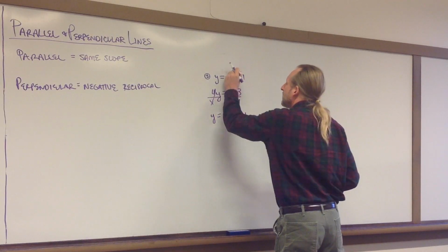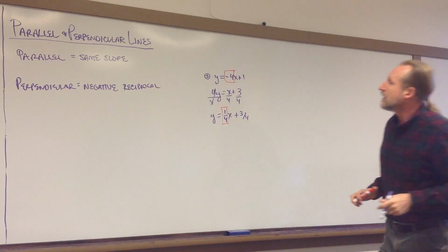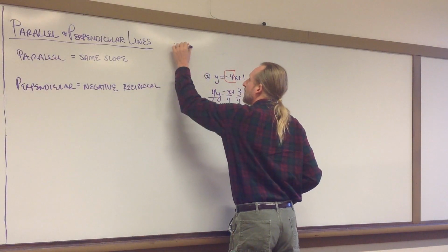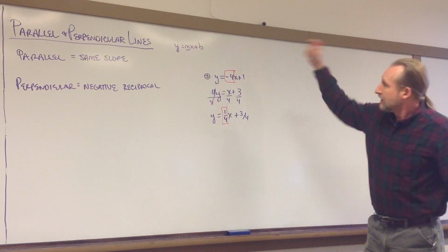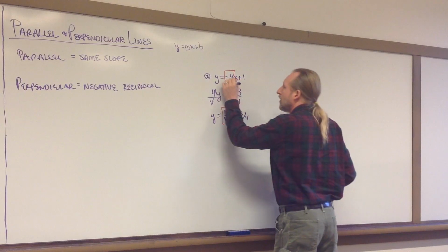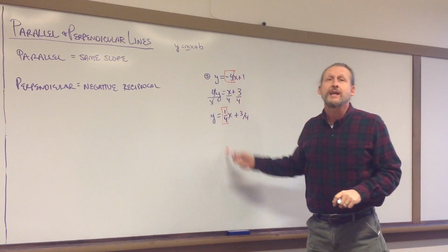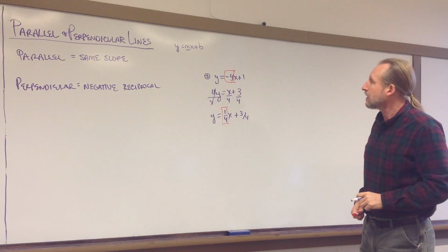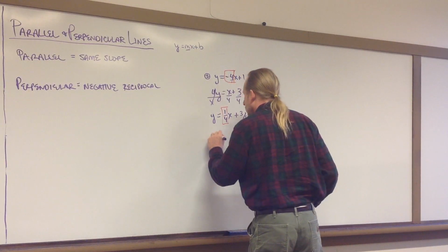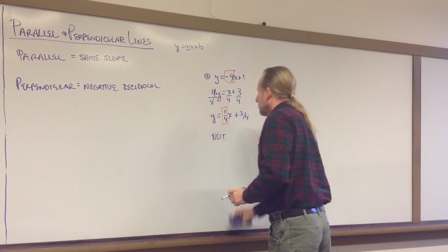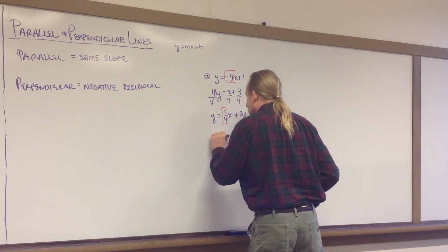Well, what we're interested in here is the slopes, the value of m in y equals mx plus b. And you can see this one is negative 4 over 1. This one is positive 1 over 4. Those are negative reciprocals. They've been flipped and the sign has been changed. And so problem 2, neither? That's not the case. Problem 2 is perpendicular. These lines are perpendicular to each other.